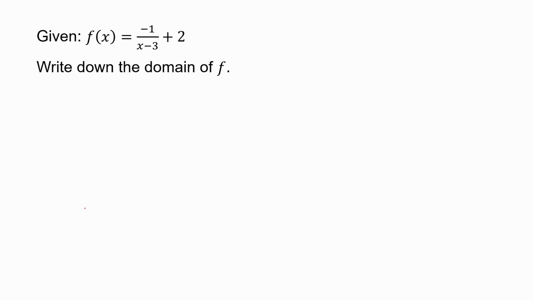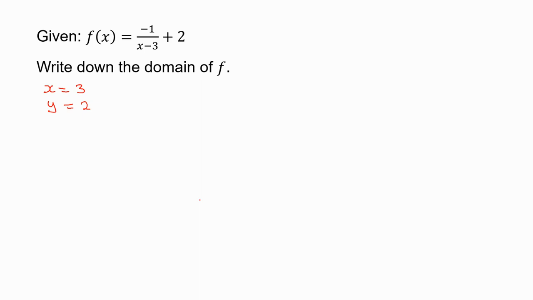Remember we said in question 5.1 that our asymptotes are x is equal to 3 for the vertical asymptote, and y is equal to 2 for the horizontal asymptote. The graph does not exist on the asymptotes, or is undefined on the asymptotes.